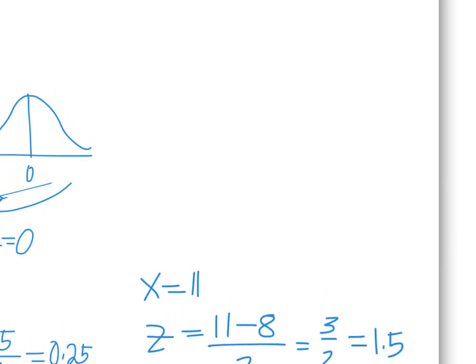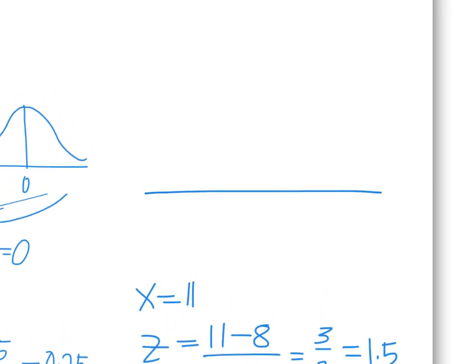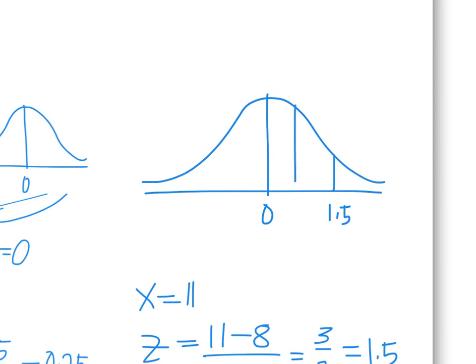And let's recall how to find the area in between. So this is our 1.5, 0 is in the middle, and you have 0.25. The area that we are looking for is the area in between these two z-scores.